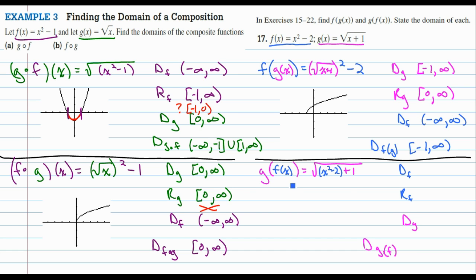G of f of x, the composition means that f is the first function any input value is going to have to tackle. The domain of that parabola is all real numbers. The output, or the range of the f function, is -2 to infinity.